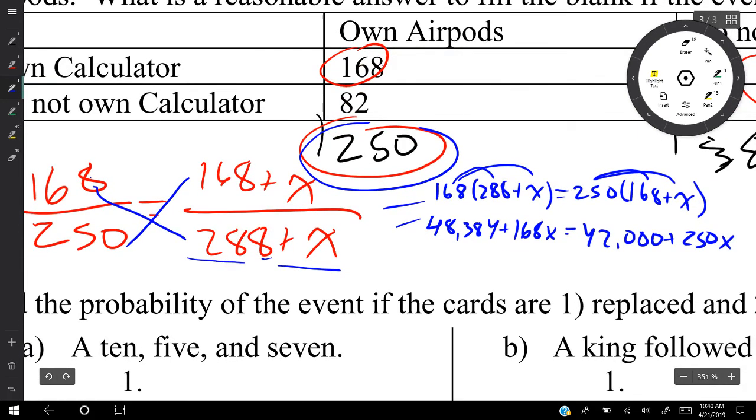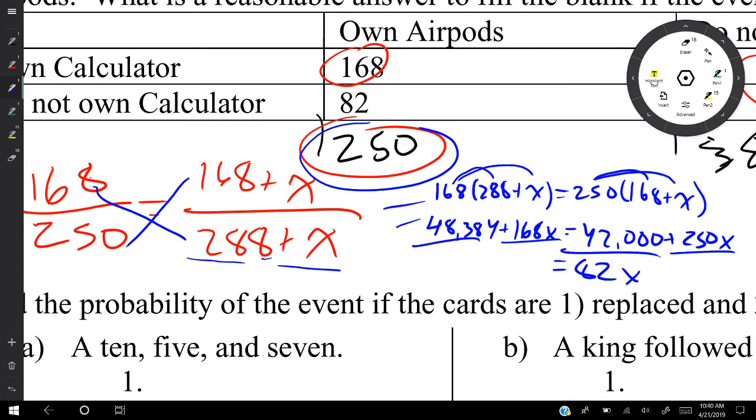Get your like terms together. So subtract this over to the other side and I get 250 minus 168 is 82x, and 48,384 minus 42,000 is 6,384. Divide each side by 82. I'm running out of room.